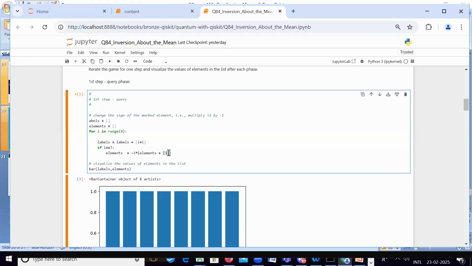Otherwise, it stays the same as in the first one.